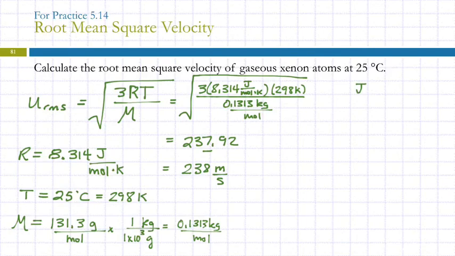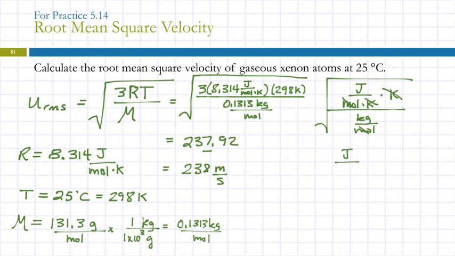So we have joules per mole Kelvin times Kelvin divided by kilograms per mole and the square root of that. So the kelvins cancel and the moles cancel, right? We end up with joules per kilogram, the square root of that.